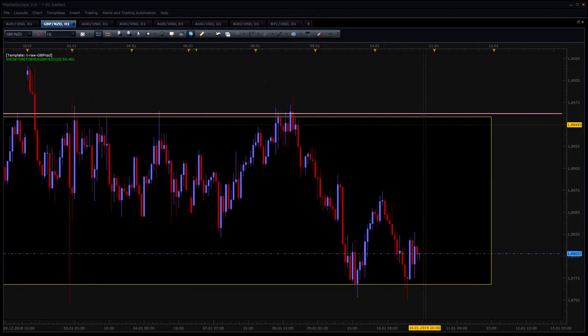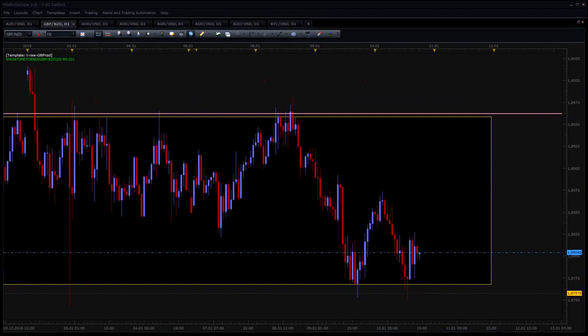Because I have 7 trades already running. So, yeah, that is that. 50 pips. So with 50 pips, what would the loss be? Okay.